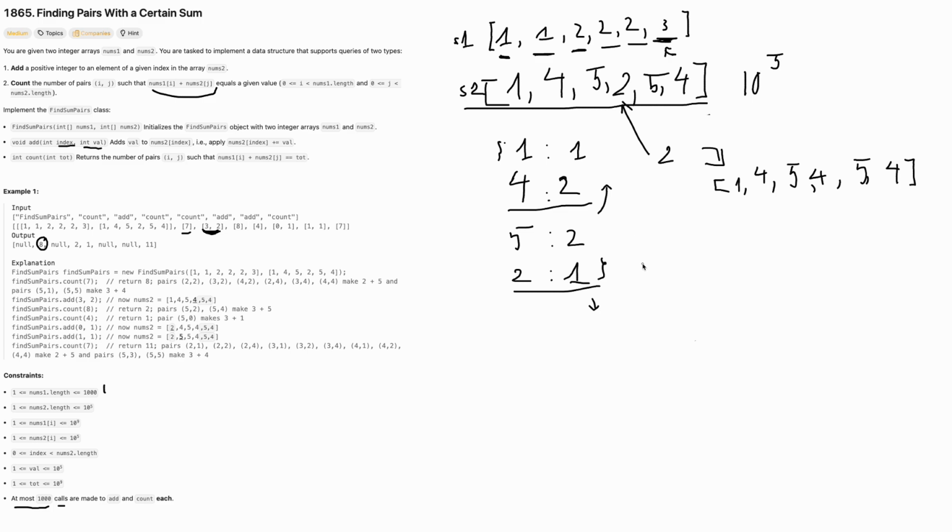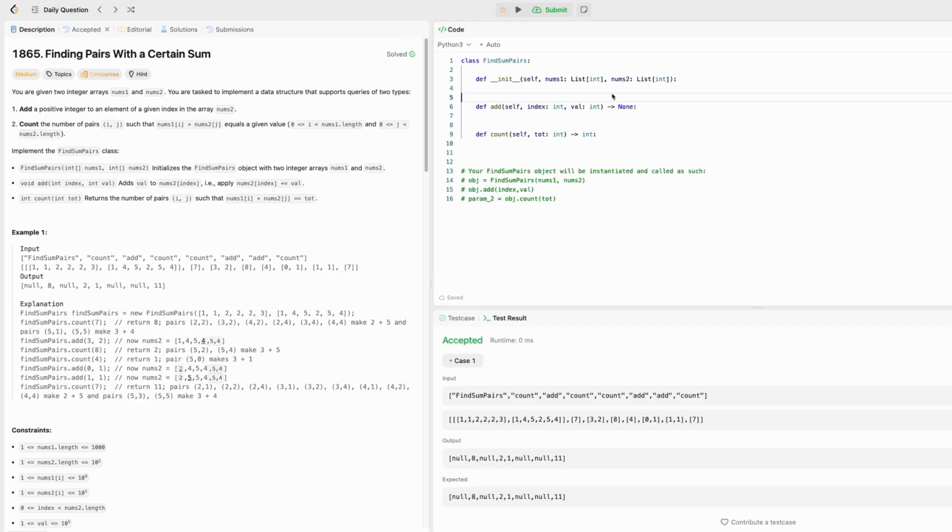So for now we can program together and solve the problem. Firstly, we need to get the frequency of S2. You can easily create the hash map or the dictionary by using the Counter. It will count the frequency for us.